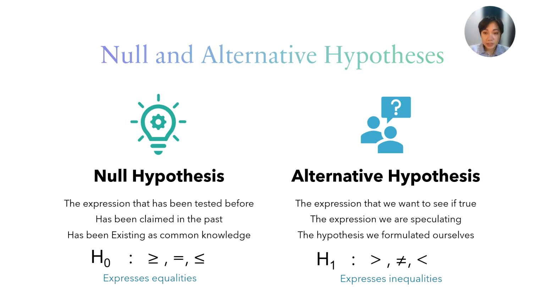When you are creating the mathematical expression of the hypothesis, always remember that null hypothesis will always express equalities, and an alternative hypothesis will always express inequalities. So just notice the operators that are being used for alternative hypothesis. We don't have an equal sign, while null hypothesis has them. So we could be using greater than or equal to, less than or equal to, or we could be using equal to only.